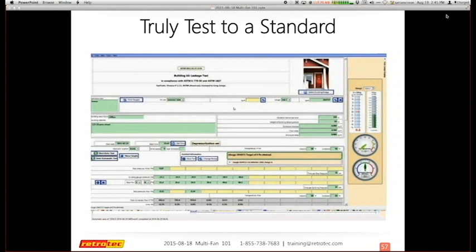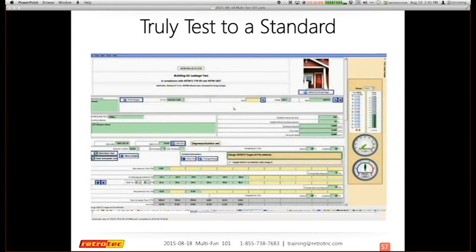Joe, I just want to make a point about FanTestic. If you get FanTestic and you know absolutely nothing and you say, I want to test to EN 13829 in Belgium or in France, or I want to test to the Army Corps standard in the US, and you set the fans up and make sure you can get the pressures you want, and if you press auto test, it basically does the auto test fully compliant with that standard.